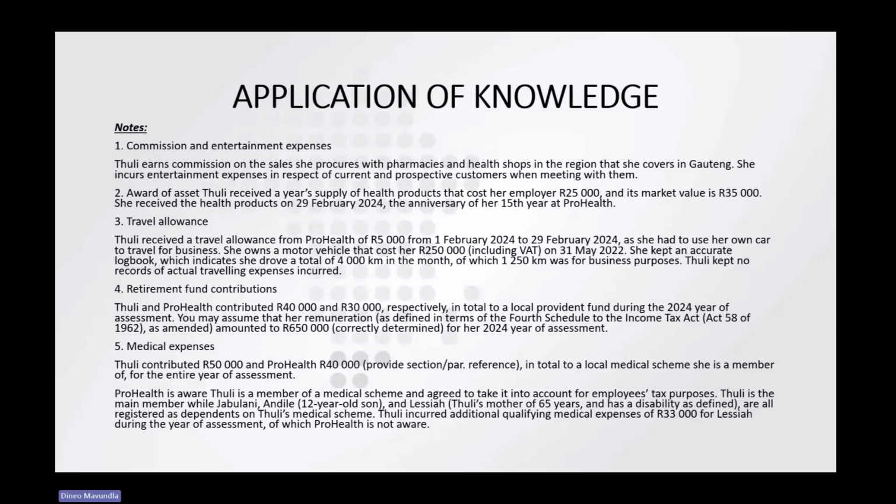But then when we look at the provisions of the 7th Schedule and section 7 cap B, section 7 cap B will then be our variable payments, and there it will help us to determine that we actually use the cost that her employer paid and not the market value. So we would have used the 25,000 Rand less the 5,000 Rand. So the amount that we would include as part of her remuneration would only be 20,000 Rand.